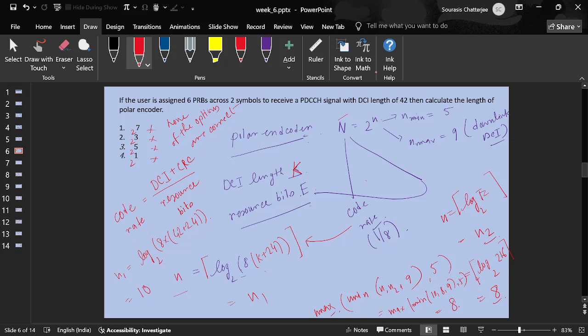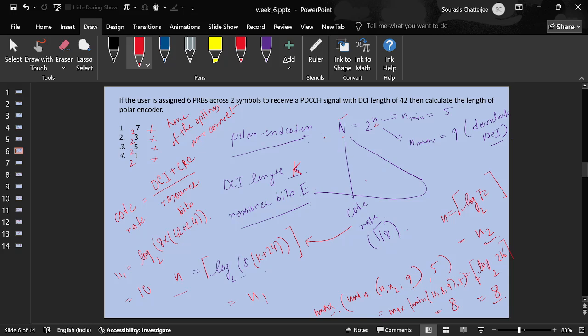So that is the number you get for the resource bits you require, and it turns out this number n is going to be 10. I mean the small n here, not the capital N, and we get 10, right? We keep it as it is.